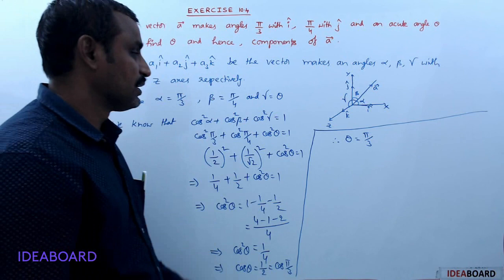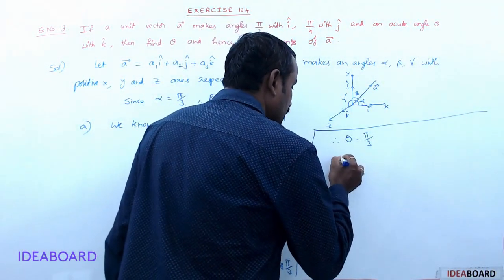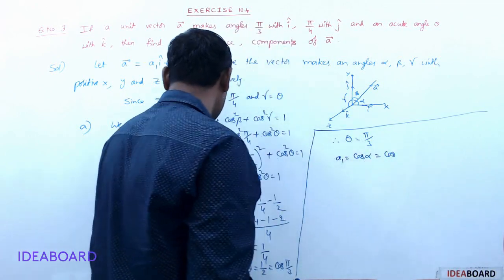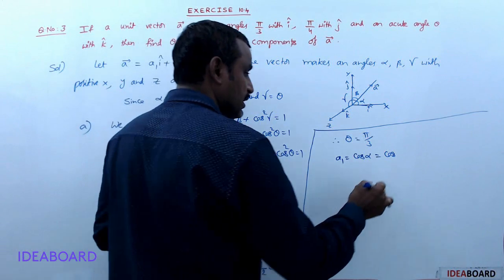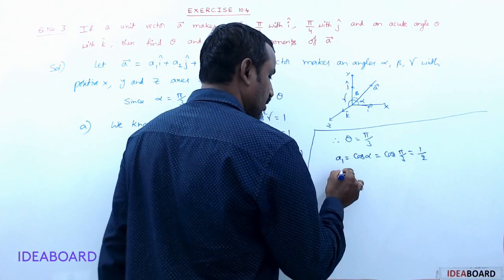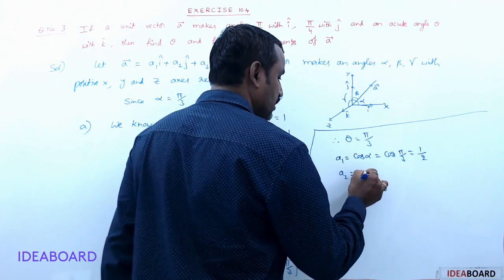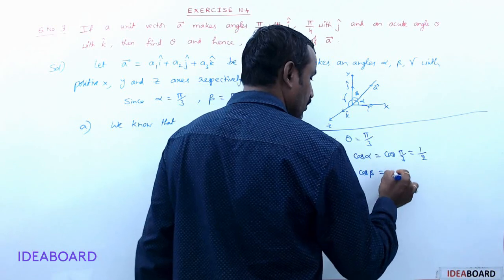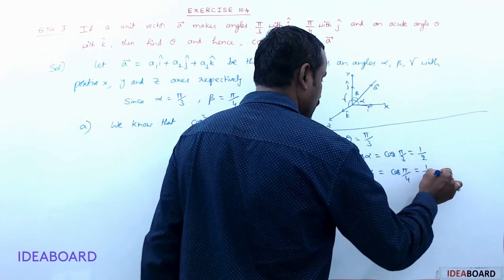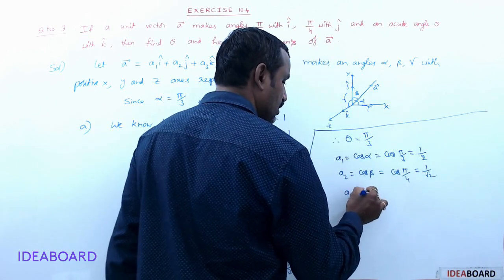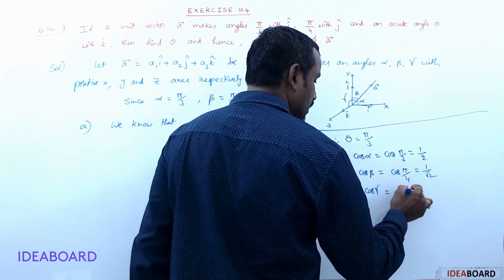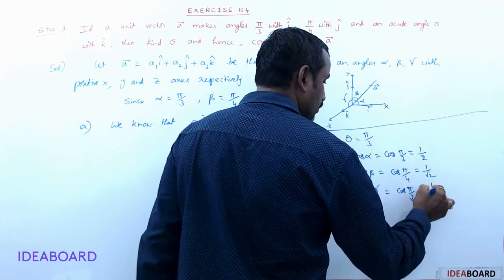So a1 is equal to cos alpha, that is cos pi by 3, which is 1 by 2. a2 is equal to cos beta, which is cos pi by 4, equal to 1 by root 2. a3 is equal to cos gamma, which is cos pi by 3, also 1 by 2.